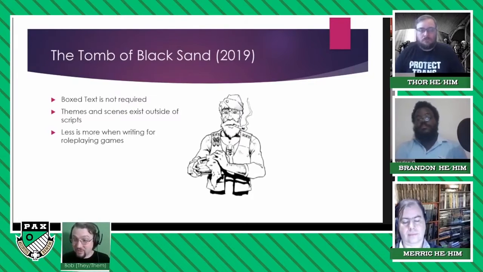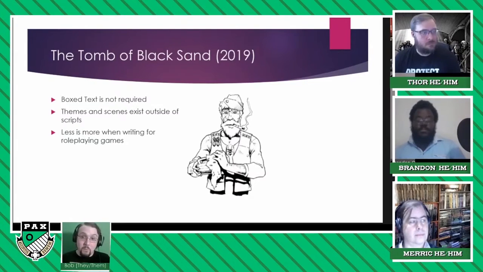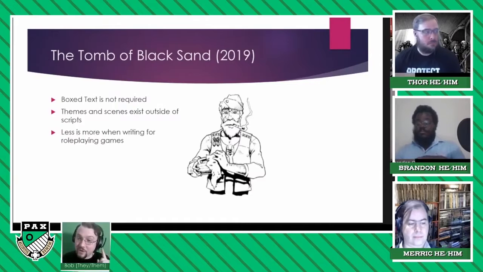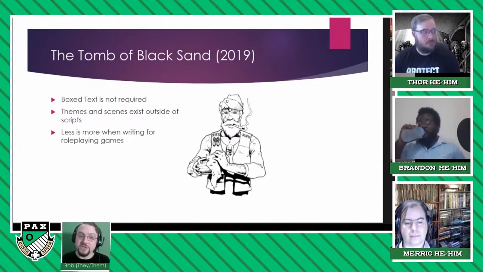Second, oftentimes player characters like to choose the path of least resistance, so they'll just ignore uncomfortable things. But Tomb of Black Sand demonstrates to us we can do a ton with very little words if we are careful about which words we choose to include. The more you can do with less, the more play space opens up for players to enjoy.